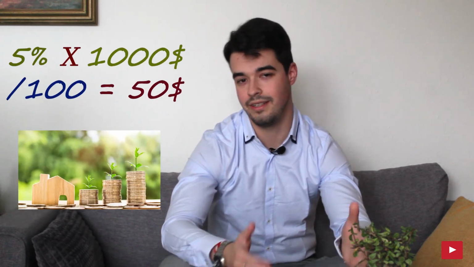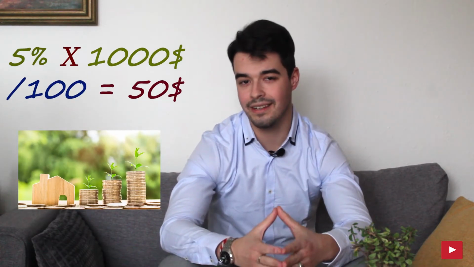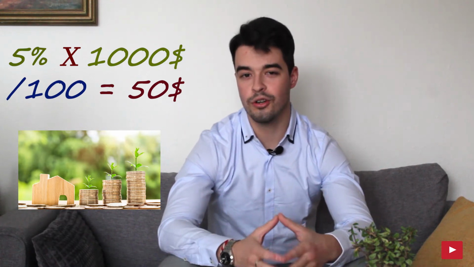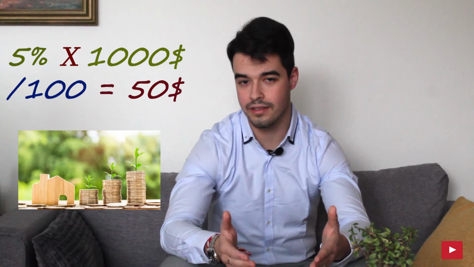So for example, if they give you back a 5% interest on these $1,000, in 1 year's time or 6 months' time, depending on the condition, you're going to receive $50 on your $1,000 back. So you have 5%, as I said, on this $1,000.